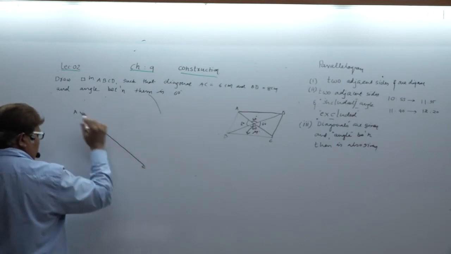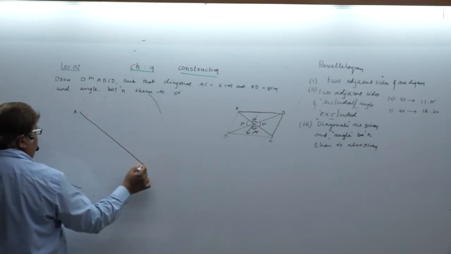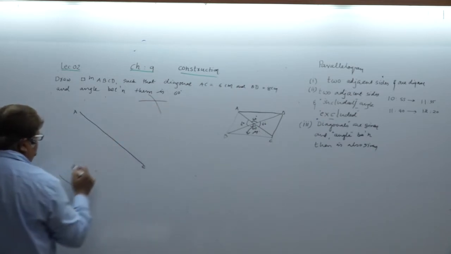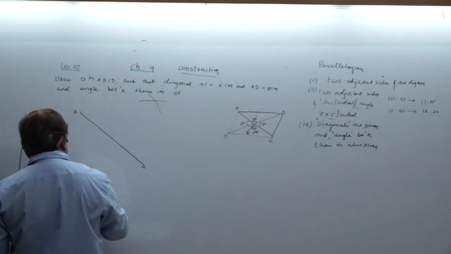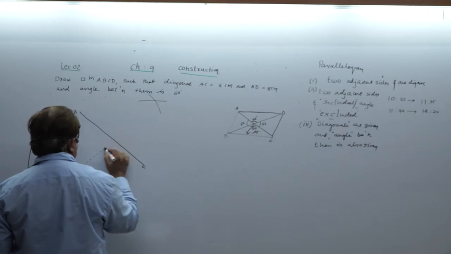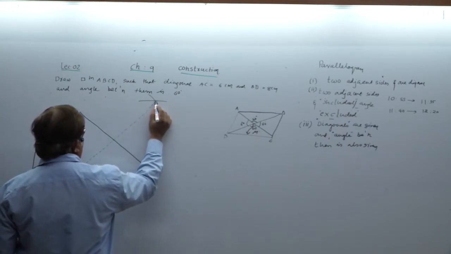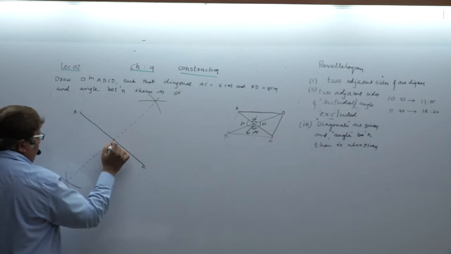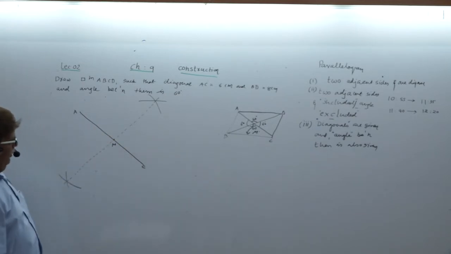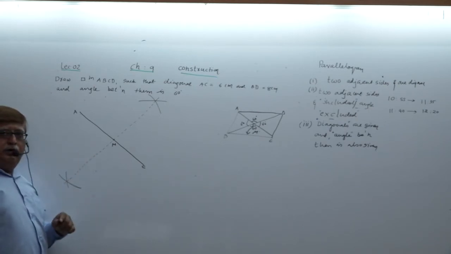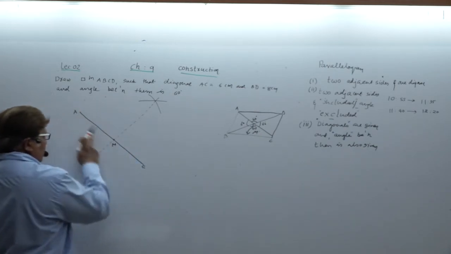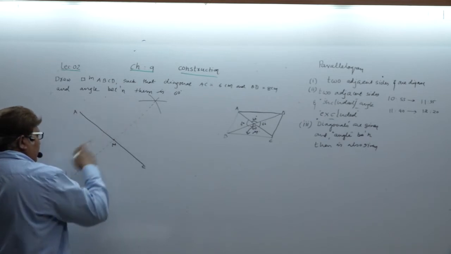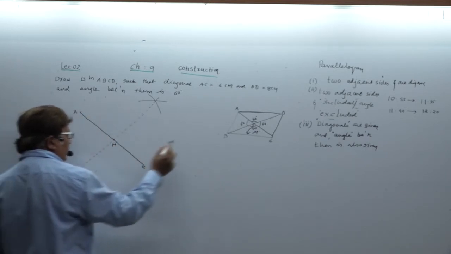Now, keeping the same radius, centering at C, draw one arc from here and one arc from here. Now you just join it dotted. This will give you the midpoint of AC. Okay, you must have studied in previous standard, maybe it is called perpendicular bisector. Now, first we have constructed AC. Taking perpendicular bisector, we have got point M.